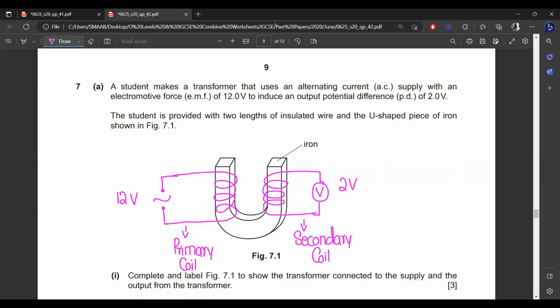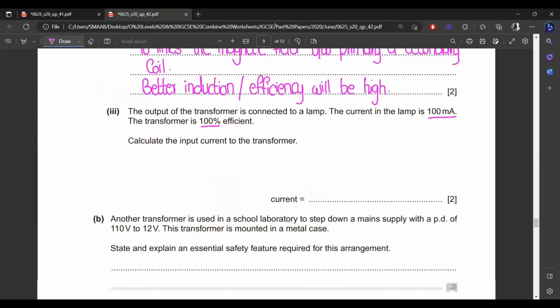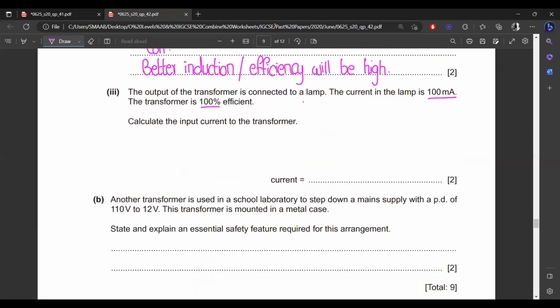Okay, it means we need to increase the number of turns in the primary coil. So let's increase the number of turns. Yes, this will be fine. So now we are having 12 volt with the input and 2 volt with the output. So voltage with primary coil is equal to 12 and voltage with secondary coil is equal to 2.